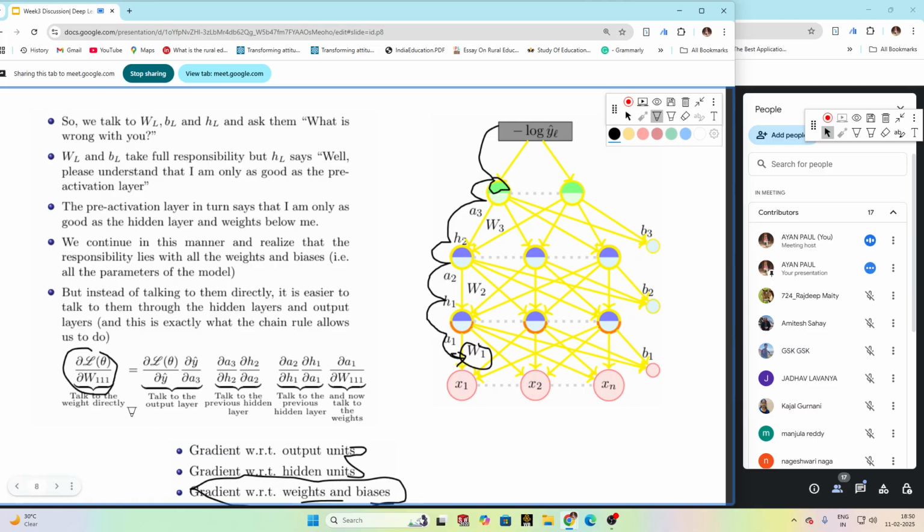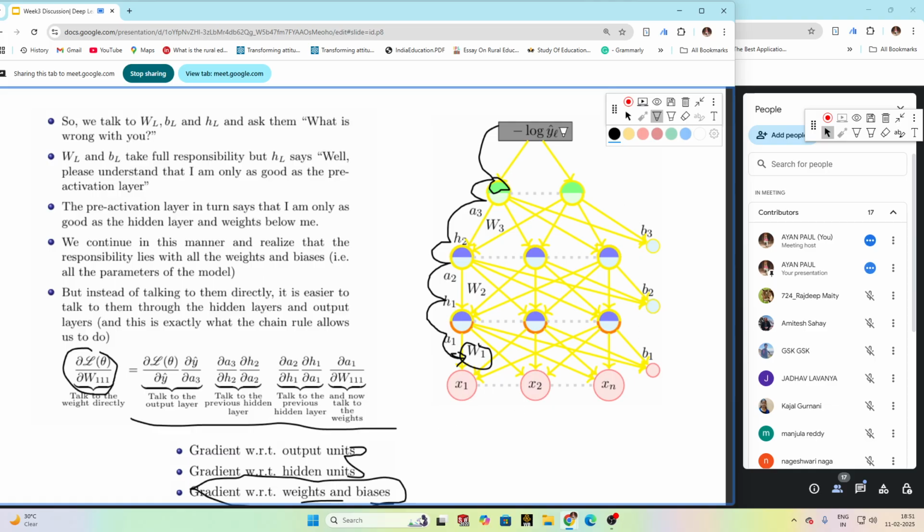So we have to apply this chain rule only. In between we will have gradient with respect to the output unit, gradient with respect to the hidden unit, and finally gradient with respect to weights. That is how we have to calculate our del L by del W.